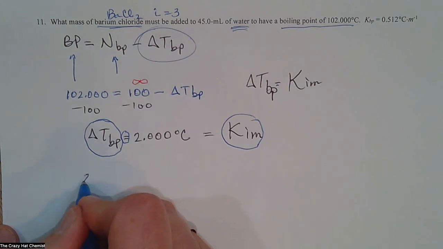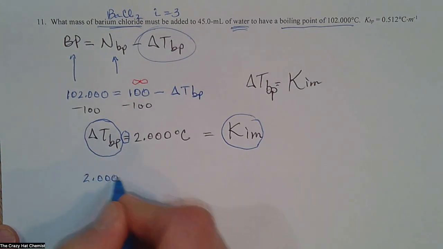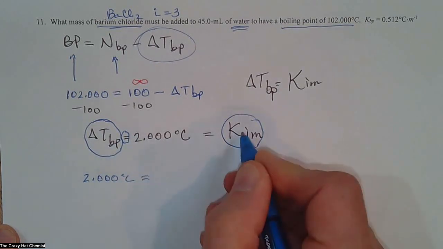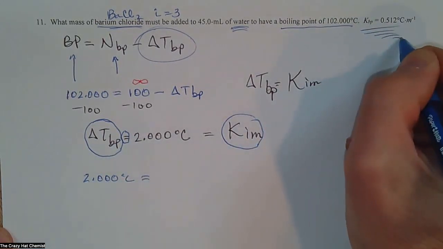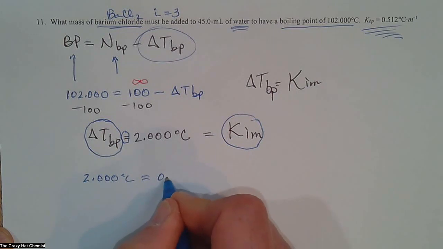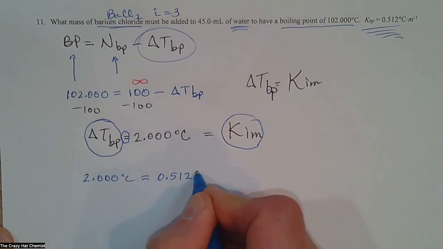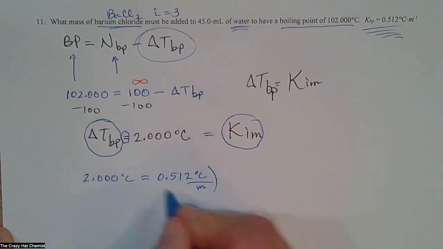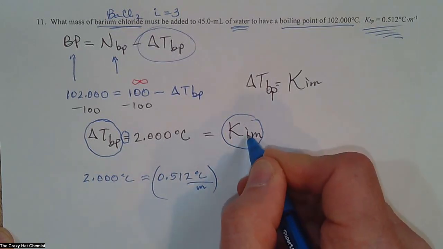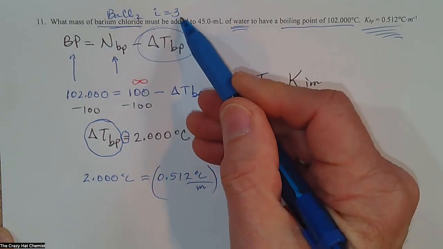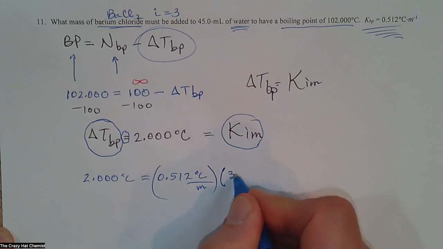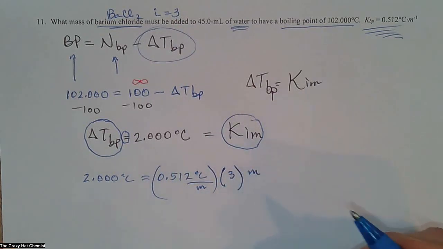We have 2.000 degrees Celsius is equal to K. The K is given right here in this problem. That's 0.512 degrees Celsius per molal times the Van't Hoff factor, which I just solved for up here, and that is a 3, times the molality.